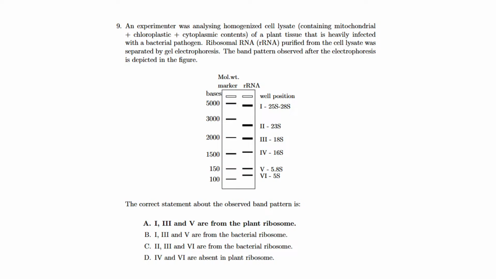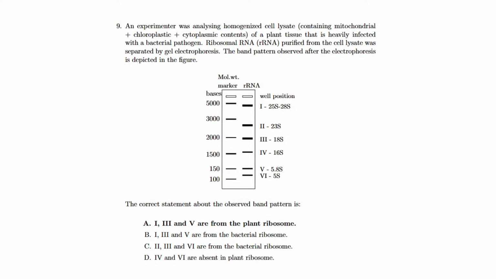What I'm saying is that eukaryotes generally have 18S rRNA, which is a part of the 40S small ribosomal subunit, while 5.8S is also a part of the eukaryotic ribosome, a part of the large subunit.